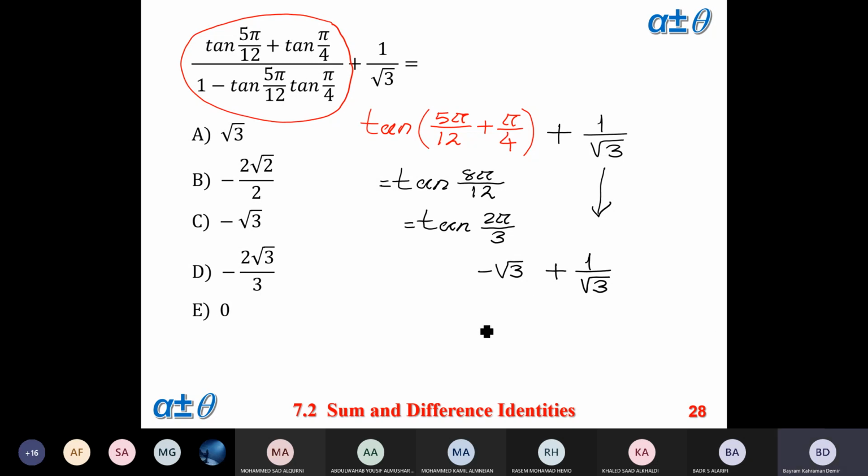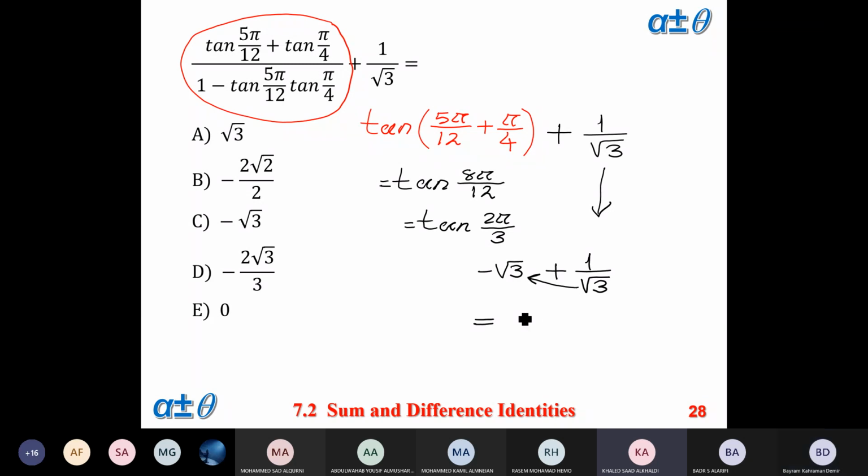So, do you remember how to add this one? Who's going to tell me? Can we rationalize the function? How do we do that, Shabab? Root 3 times root 3 is how much? 3.